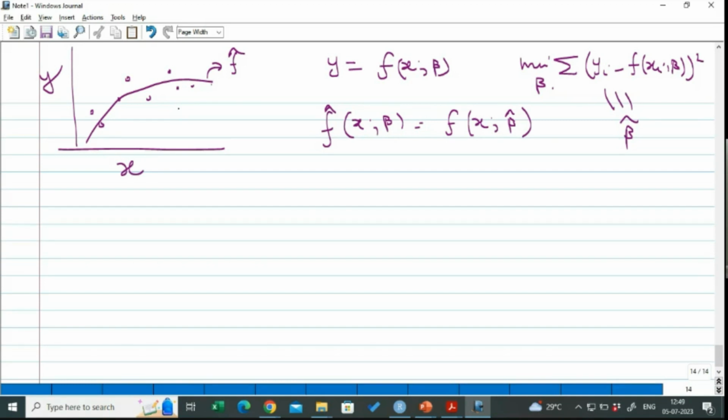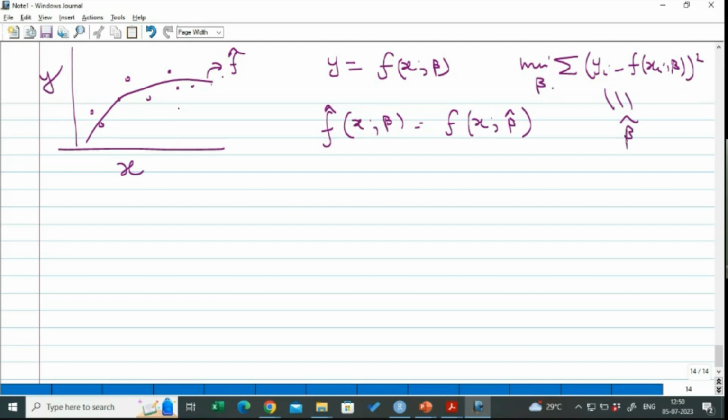Very nice. Now in many scenarios, the standard error or computing the confidence interval seems to be very important, right? Because you get only a single estimate of beta.